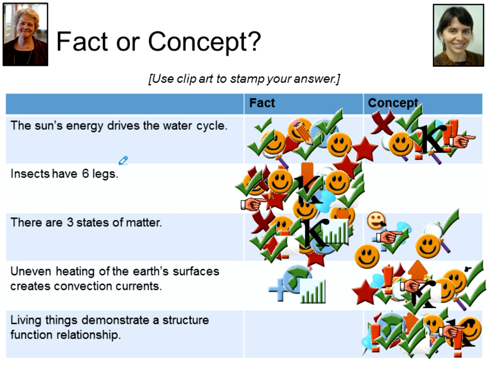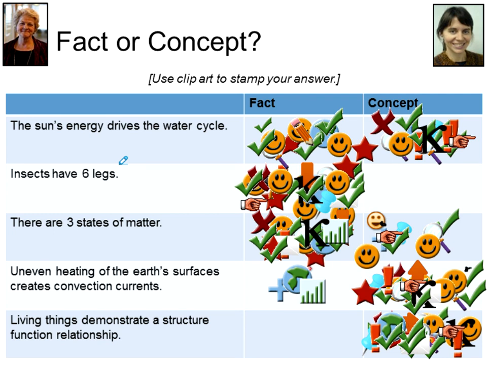The amount of energy coming from the sun, what it does to the water, the precipitation, condensation, accumulation, etc. So we would probably consider that the first one is a concept because of the relationship, while the second one is a fact because it's a discrete piece of information.